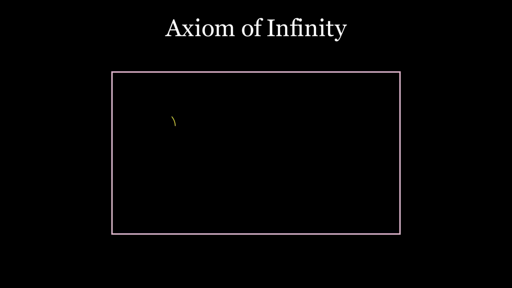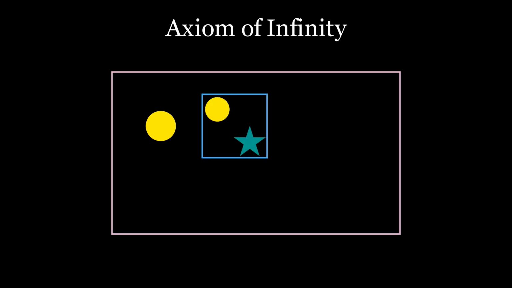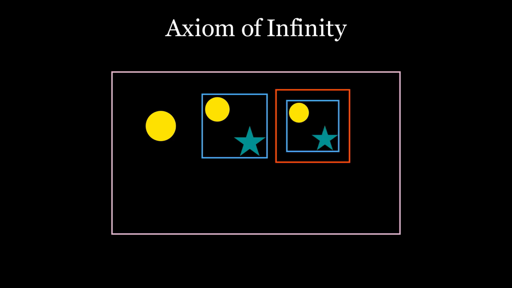Specifically, we're going to require that there is a set which is non-empty. The first step towards having infinitely many elements is having at least one element. And for every one of the elements of this set, there is another one of its elements which contains the first element. And then, of course, it follows that there's another element that contains that one, and so on. That's how we get an infinite set from this.